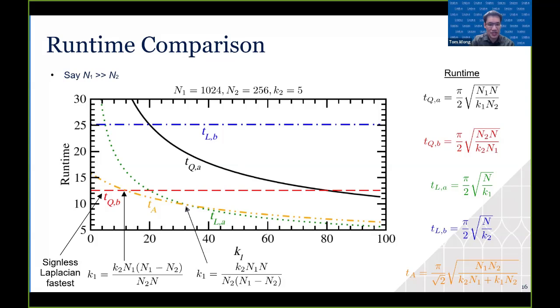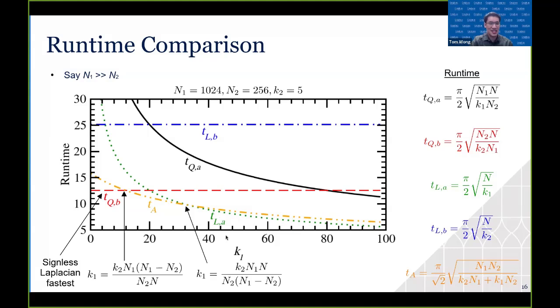And then at this point, we have another transition given by this expression. And now for a larger number of marked vertices in the left set, we see that the Laplacian quantum walk is now the fastest.